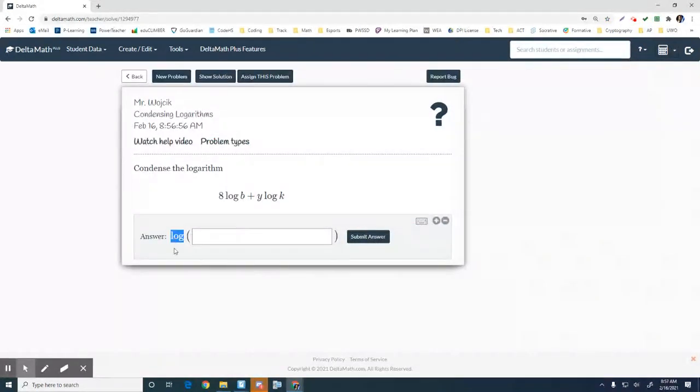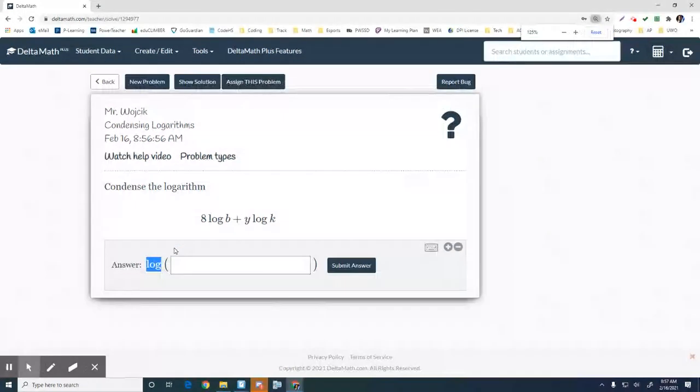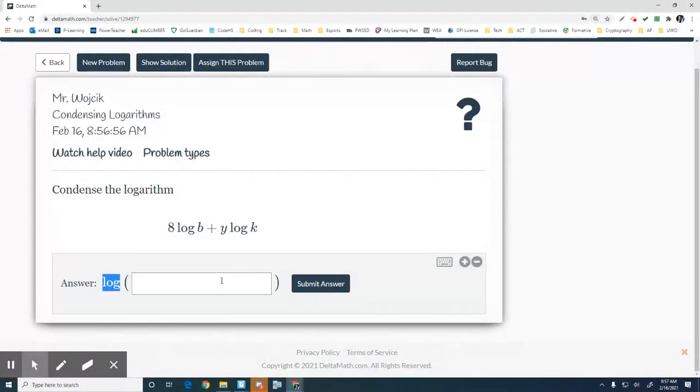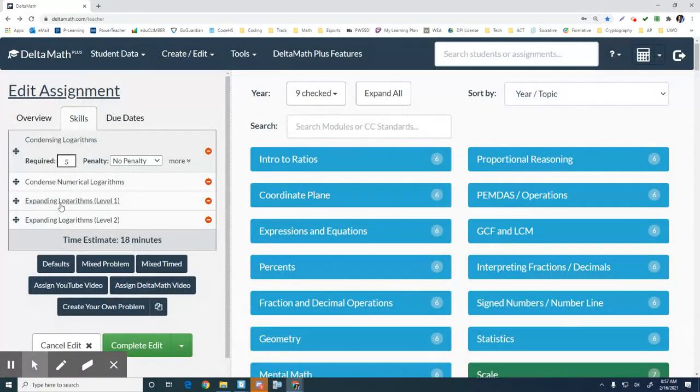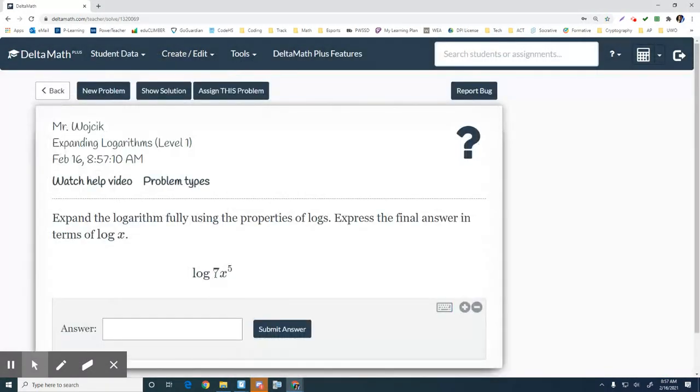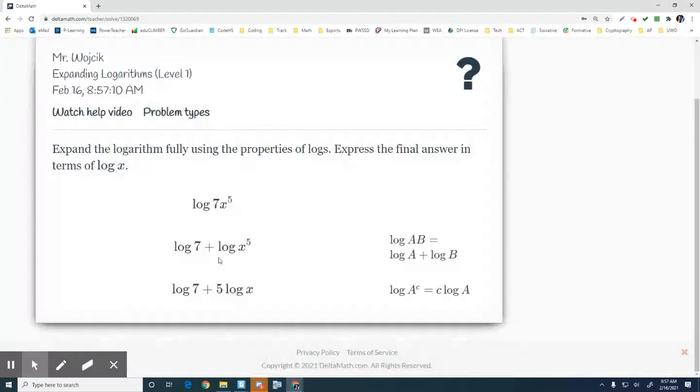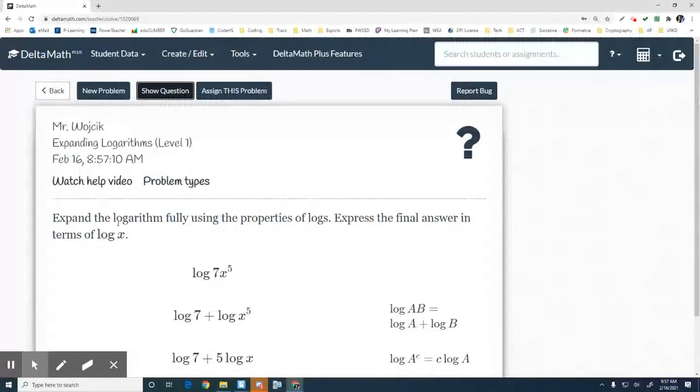Look, it already has the word log written for you. And so you're just combining it to write it as a single log. Expanding it, so you've got multiple bases, you write it out as multiple logs. So, hey, those are being multiplied, write it as addition. Any exponents move in front to become coefficients.